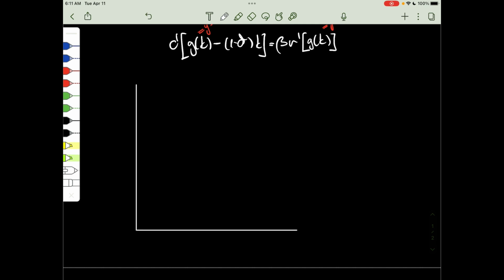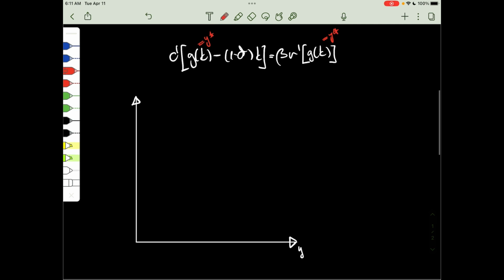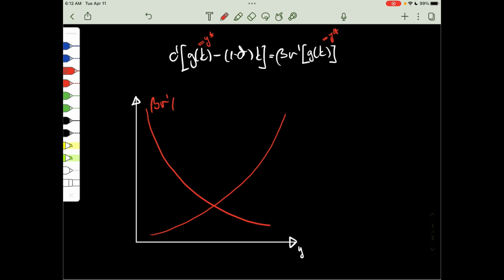We're gonna use this figure extensively in these exercises, so it's gonna be useful. What I'm doing now is drawing a figure on the basis of the first order condition. This is the right hand side of the first order condition, and this is the left hand side.